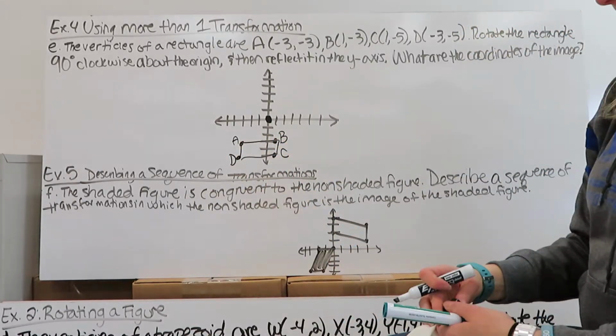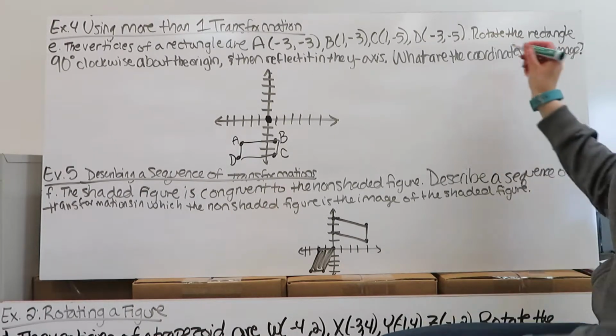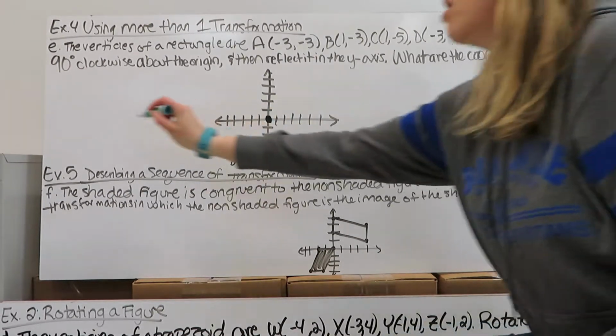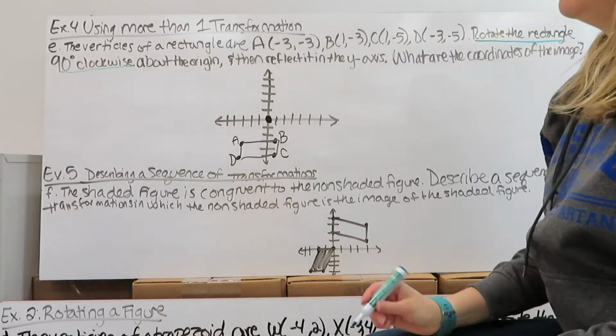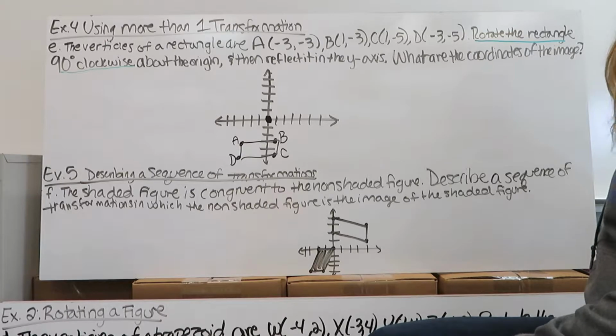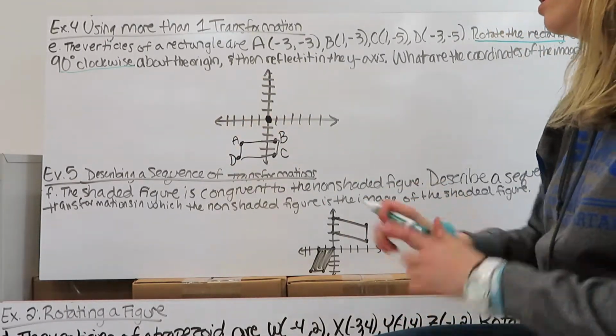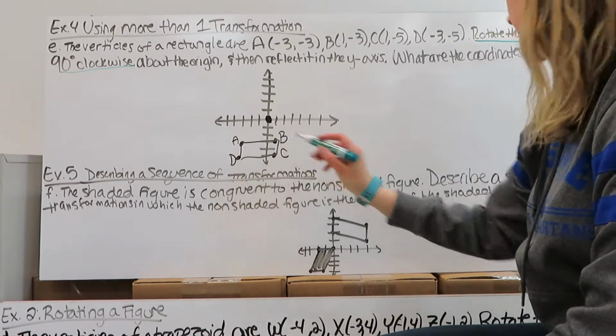All right, I'm gonna get my second color. Second one, I'm gonna underline: rotate the rectangle 90 degrees clockwise about the origin. So we wanna rotate this 90 degrees clockwise. That means we're gonna rotate it this way. So B, we go 1 to the right, 3 down.